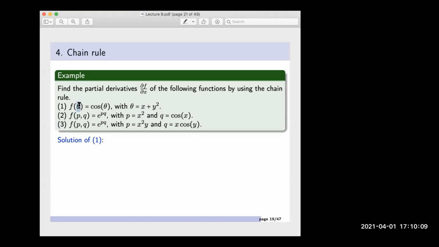And in this case, you simply have the standard chain rule: the partial derivative in x is simply the derivative of f times derivative of theta. Derivative of theta in x is 1. Theta equals x plus constant, so the derivative of theta in x is 1. While derivative of f is negative sine theta. So you simply get negative sine theta for the first question.